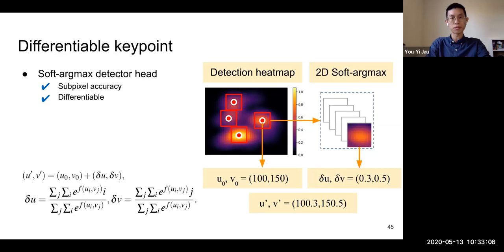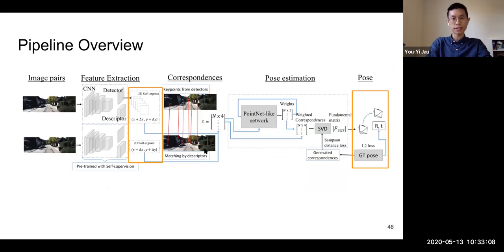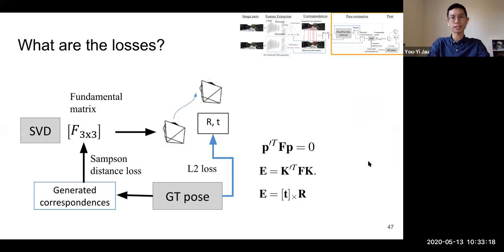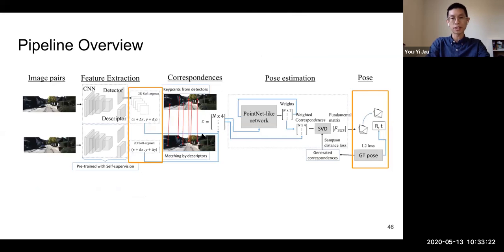Okay, so should I move on? Okay, so that's the soft argmax module. And let me further introduce the loss function imposed on the camera poses. Let's look into the second half of the module. We have the correspondences with gradients, and we can feed the correspondences into the pose estimation module, using a PointNet-like network to estimate the weights.